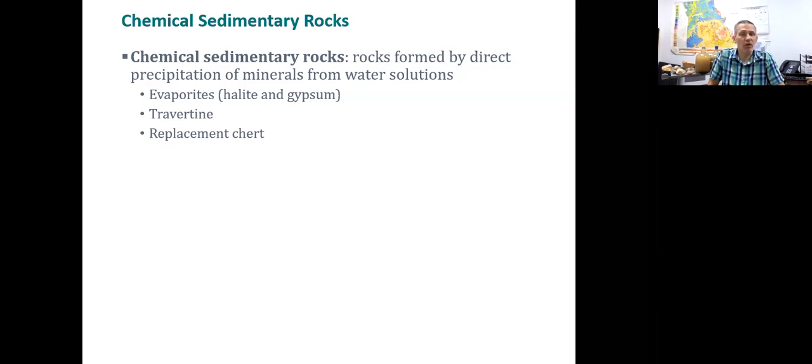Some of the best examples of travertine deposits that you may be familiar with are in places like Yellowstone, where you have this dissolved water, very high temperature, cooling off very quickly, depositing its material as travertine.